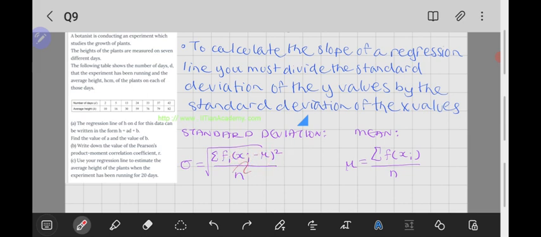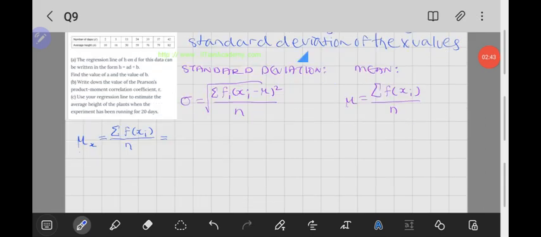For the x values, it is the sum of the differences of all our x values and the mean, divided by our sample size n. We calculate our mean by taking the sum of all our x values and dividing by our sample size. We'll try this out so you get an idea of what we have to do.